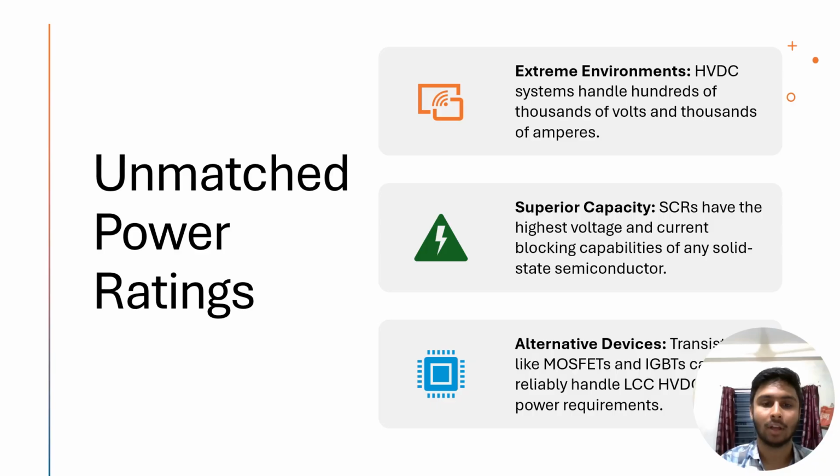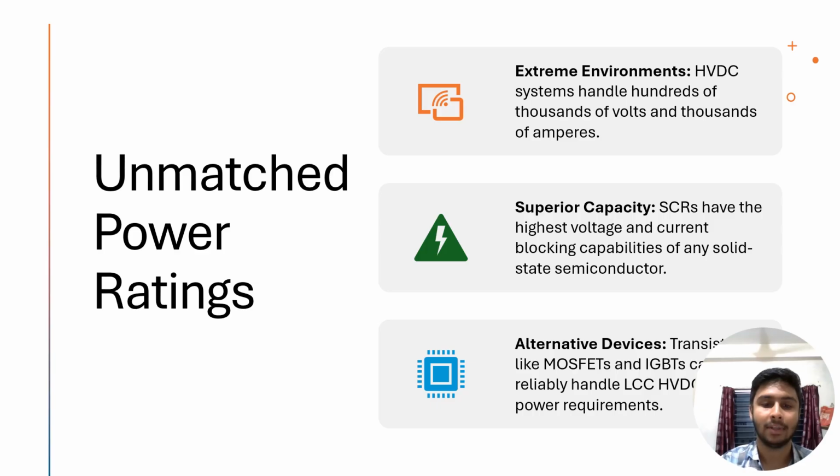When we talk about high voltage DC transmission, we are dealing with truly extreme environments. We are not managing a few hundred volts. This system routinely handles hundreds of thousands of volts and thousands of amperes of continuous current.